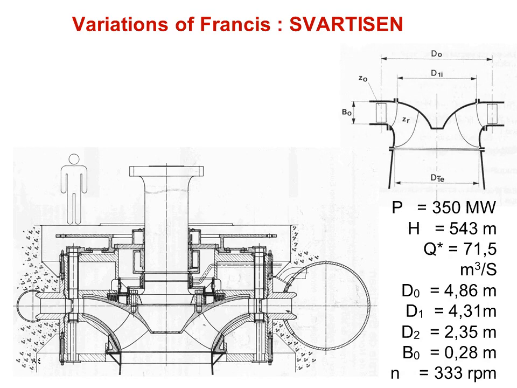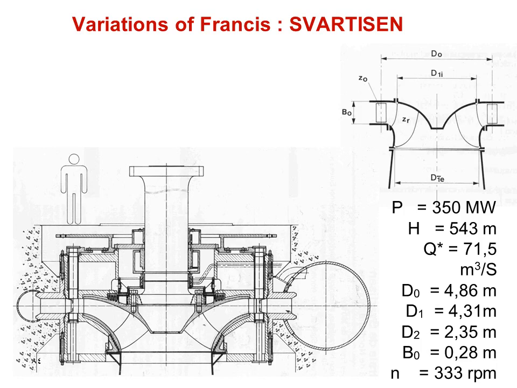We have here a certain Francis turbine used in a certain power plant in Europe, of power output 350 megawatt, working under head 540 meters and discharge of more than 71 meter cube per second.